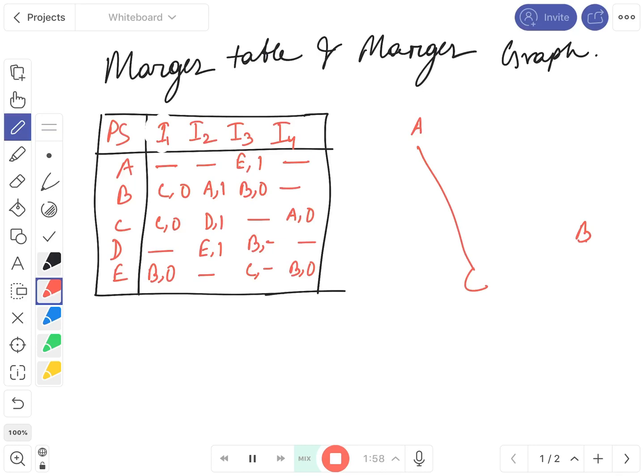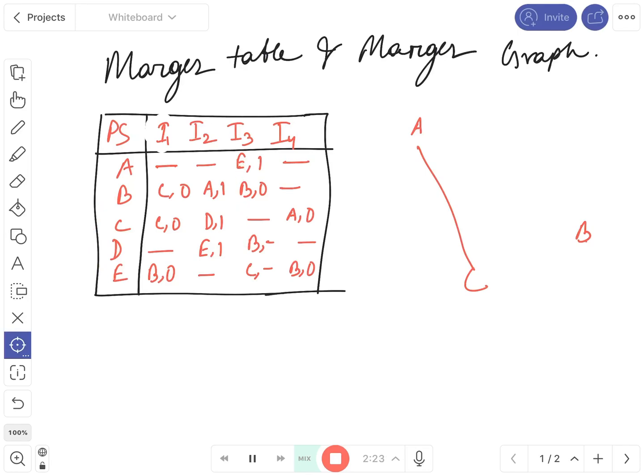Now let us check for A and D. For I1 the outputs are same, for I2 the outputs are same, for I3 the outputs are same, but in this case the implied state is specified, right? And for I4 the outputs are same. Now A and D can be said to be compatible if their implied state EB is compatible.